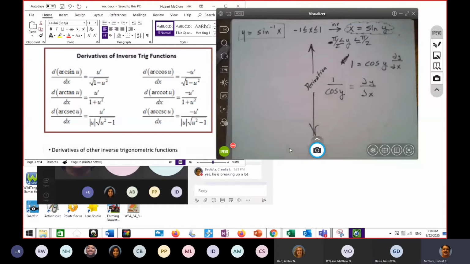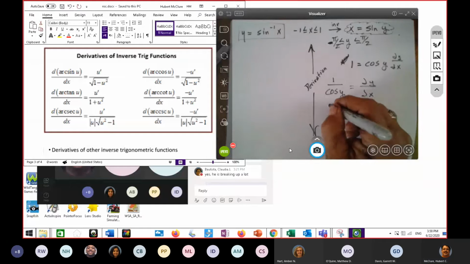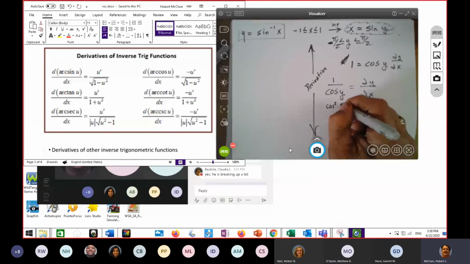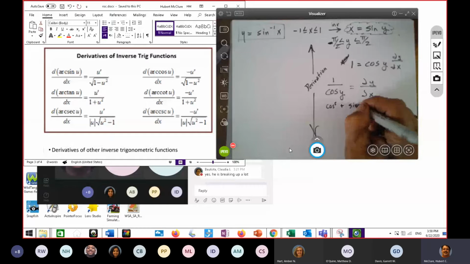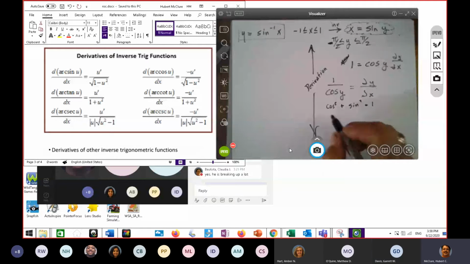According to our handy-dandy Pythagorean theorem, cosine squared plus sine squared is equal to 1. If you solve it for cosine, you get cosine is equal to positive or negative square root of 1 minus sine squared. Everybody agree with that? Since we want to keep cosine of y greater than 0, we keep it positive.